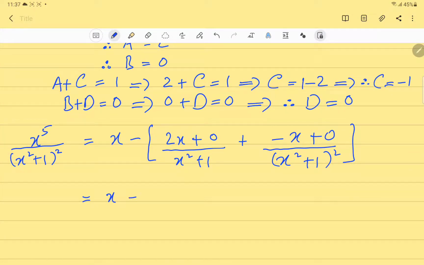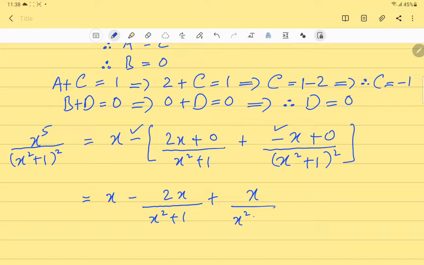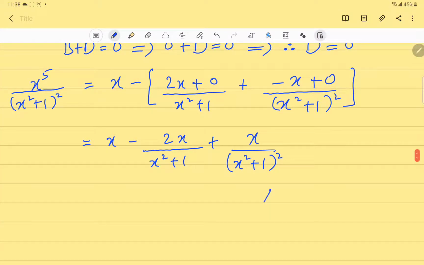So x minus 2x over x squared plus 1, and then this minus and this minus will become positive, plus x over (x squared plus 1) whole squared, and this is the answer of our question.